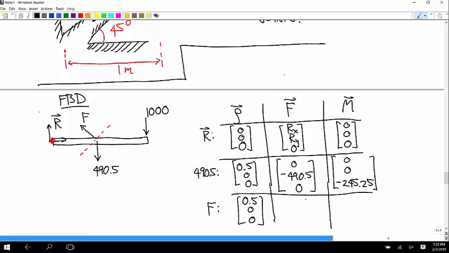So that's negative 0.7071 F, positive 0.7071 F, 0. And the cross product is 0.3535 F.